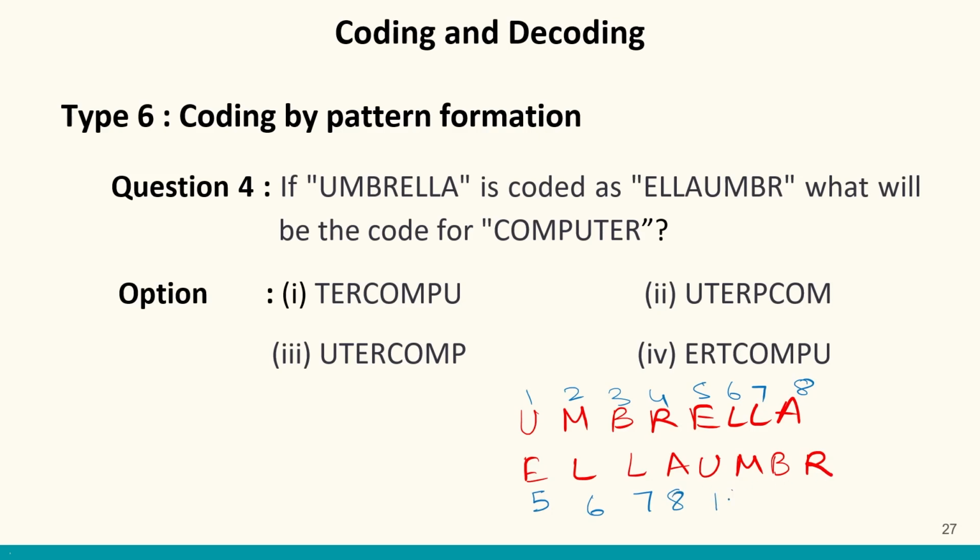And over here, I have seen 1, 2, 3, and 4. So now the pattern is very clear to me. The last 4 letters are written first, and the first 4 letters are written last. So let's do the same thing for computer, break it down from the middle. So we'll get UTER and then COMP, which is option number 3. So option number 3 will be the correct answer.